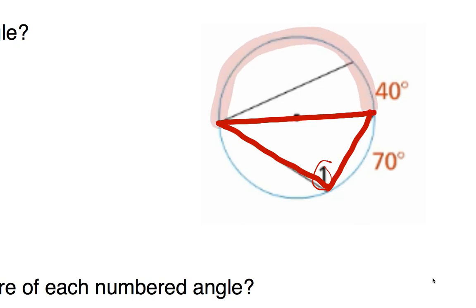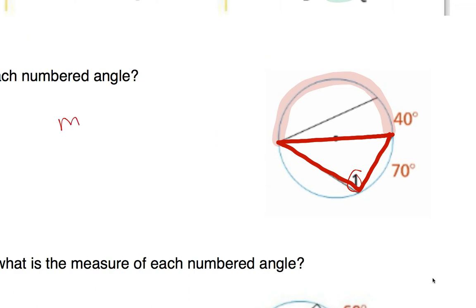And the reason we know it's a semicircle is because the chord is actually the diameter. Since it's a diameter, it cuts that circle in half. So corollary number 2 above says that number 1 is 90 degrees. And that's the only numbered angle. The directions made it seem like there'd be more.